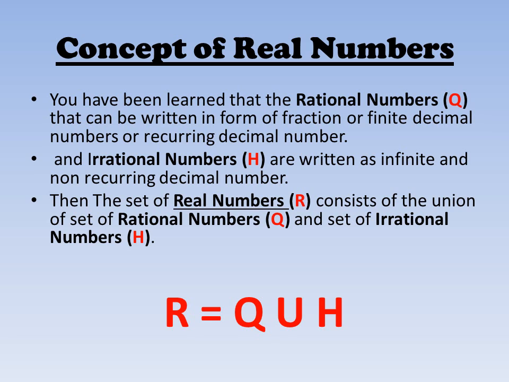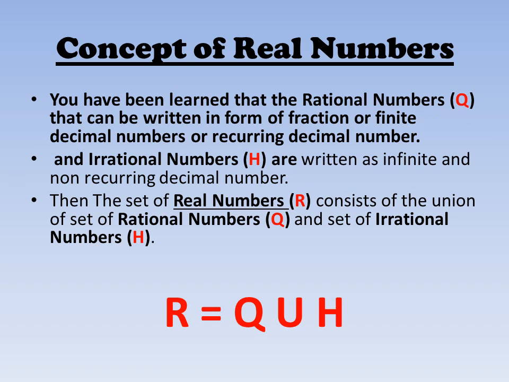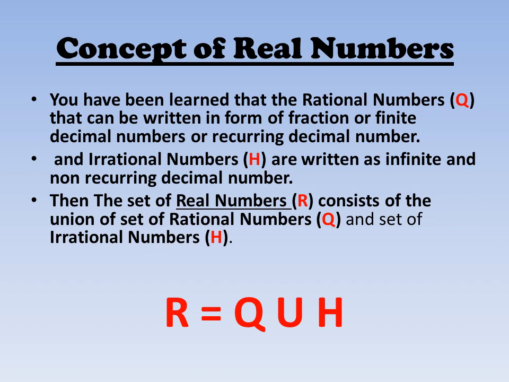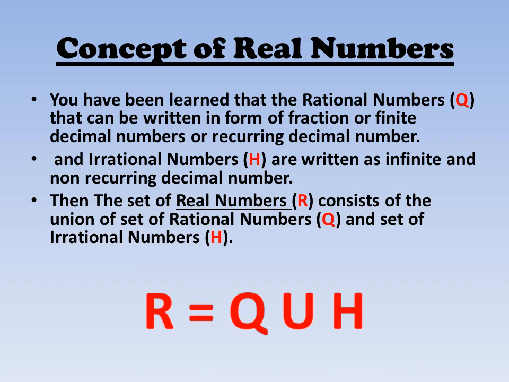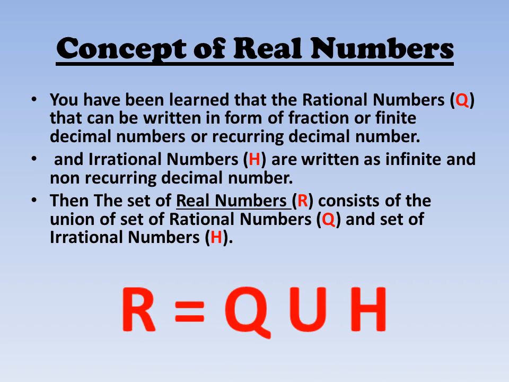So the real numbers have the symbol R, and consist of the union of the rational numbers Q and the set of irrational numbers H. That means R is equal to Q union with H.